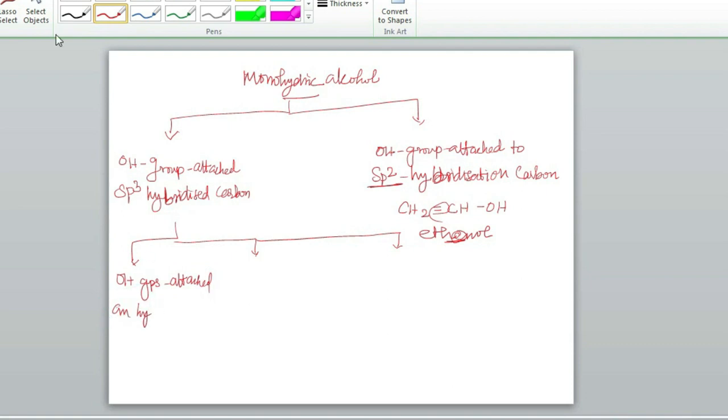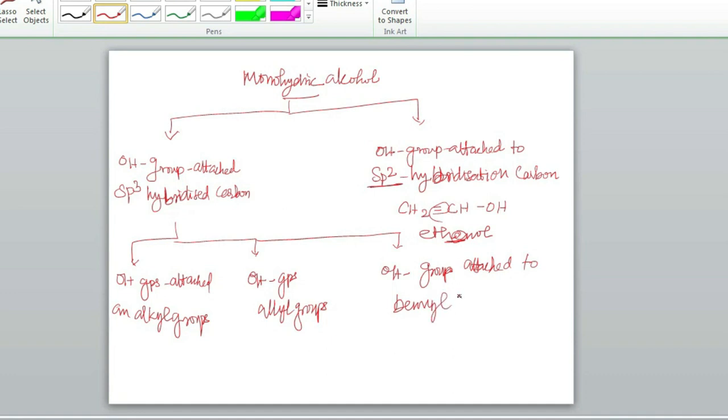So it is called alkyl groups. Then the OH group attached to allyl groups, and the OH group attached to benzyl groups. So generally we call the OH group attached to alkyl groups, allyl groups, and benzyl groups.